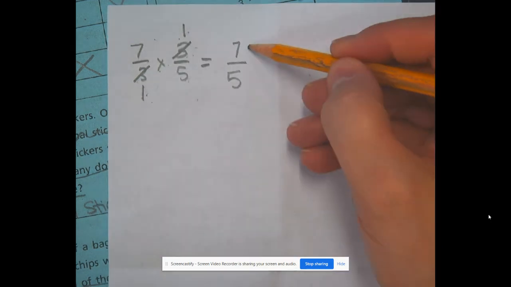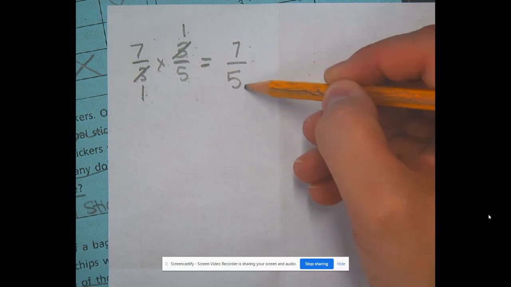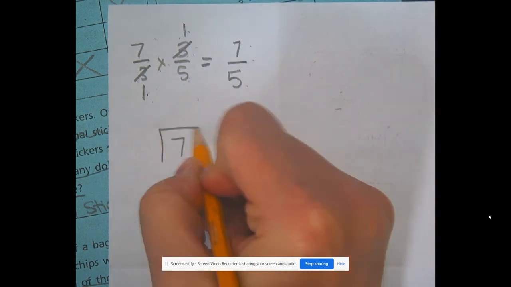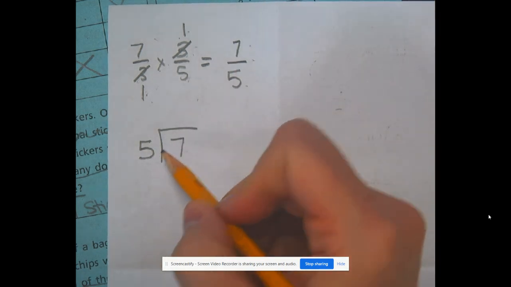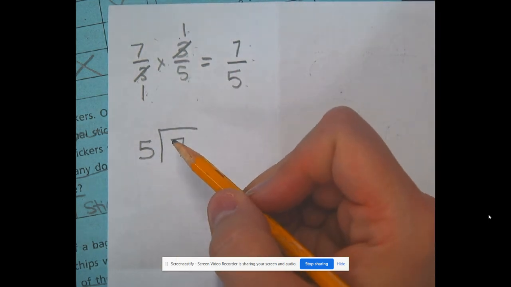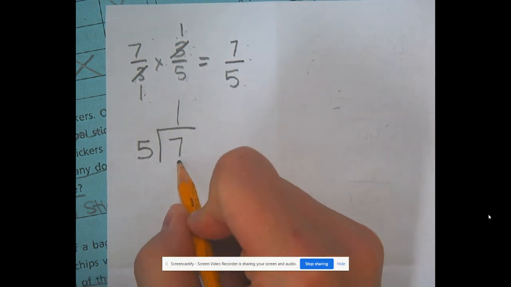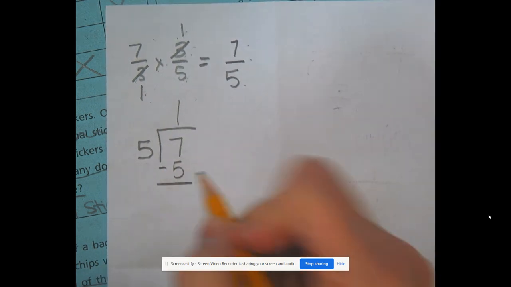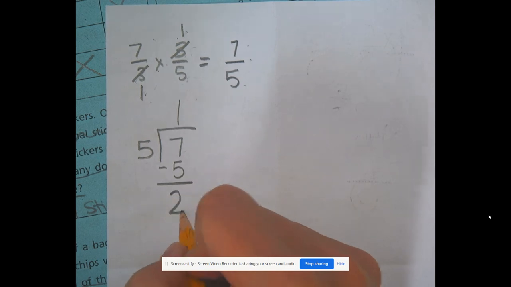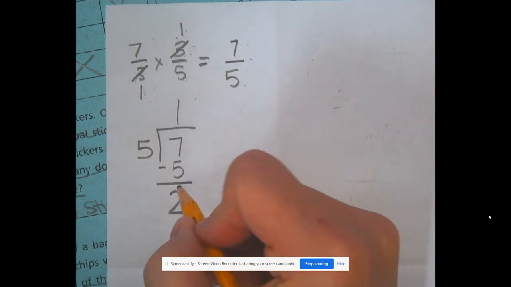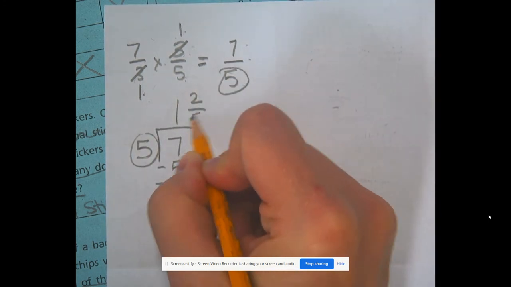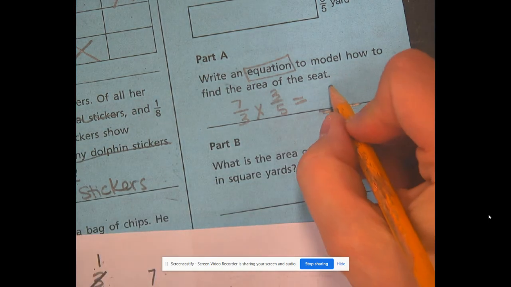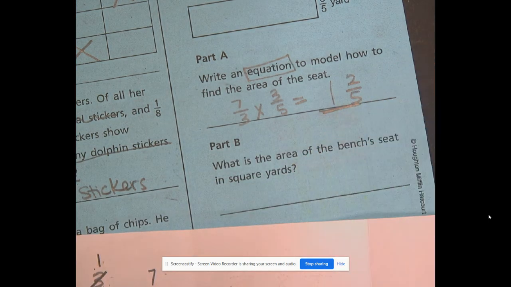Say it. 7 divided by 5, or 5 times what gives me a number close to 7? 1. 1 times 5 is 5. 7 minus 5 is 2. Anything to bring down? So this becomes my numerator and my denominator is my divisor. So it equals 1 and 2/5.